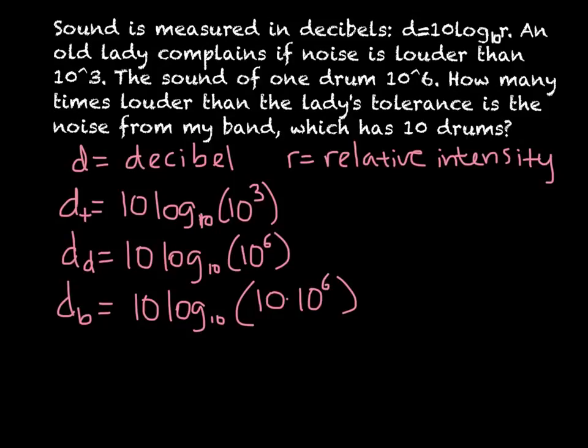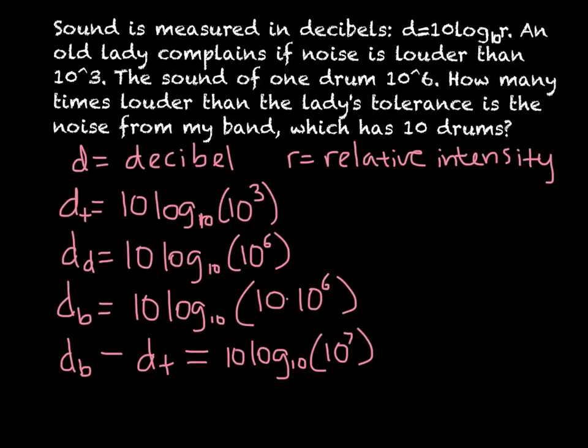Okay, so I want to subtract the loudness of my band and the tolerance level of the old lady to see how much louder my band is than she can tolerate. So that's equal to 10 log base 10 of, I'm going to combine this as 10 to the 7th, minus 10 log base 10 of 10 to the third.